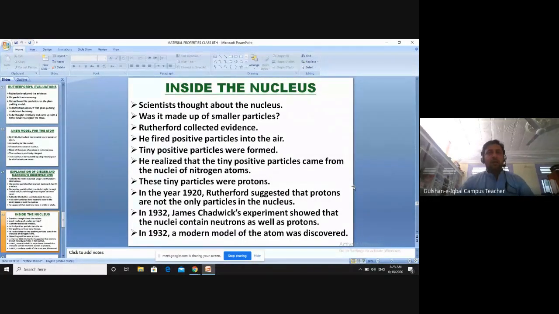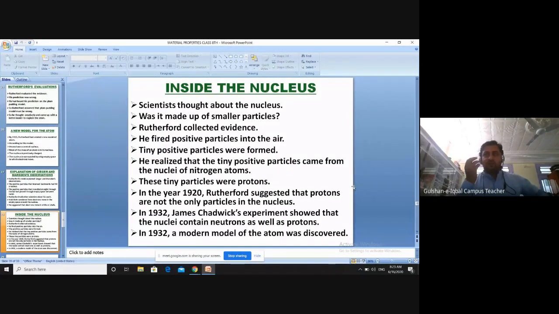With the help of that experiment, Rutherford presented 3 kinds of rays: a positive ray, a negative ray, and a neutral ray. So he said that along with the positive and negative particles, in the center of the nucleus there is also a neutral particle. What the neutral particle is was answered by James Chadwick in 1932.